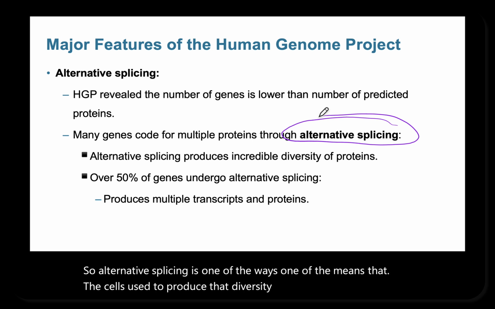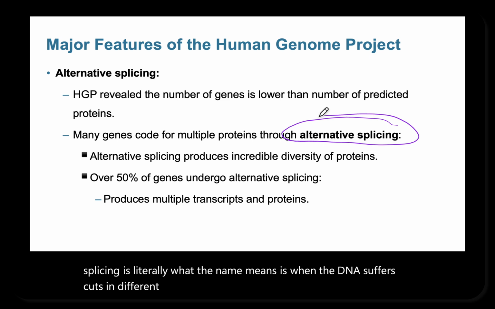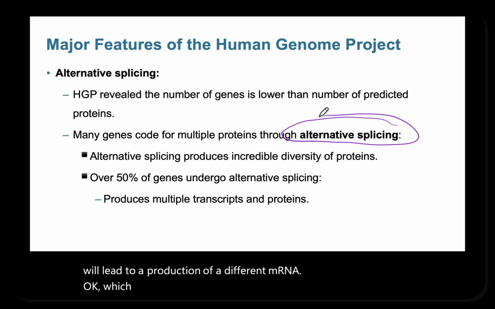of proteins. Alternative splicing is literally what the name means: when the DNA suffers cuts in different areas. And that produces different genes, or that will lead to the production of a different mRNA, which then leads to the production of a different protein.